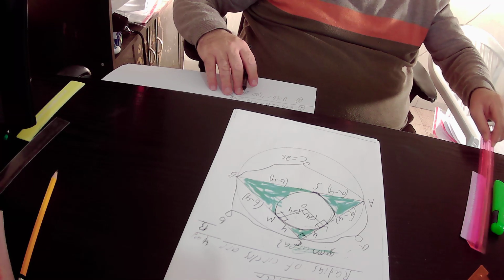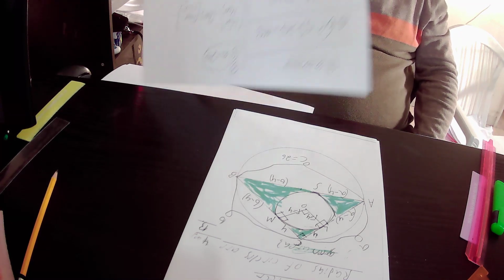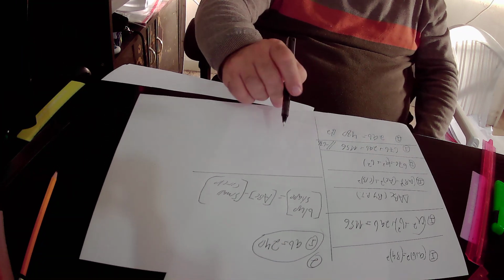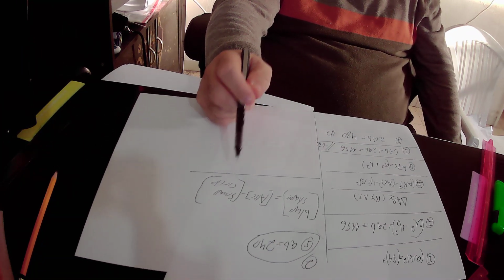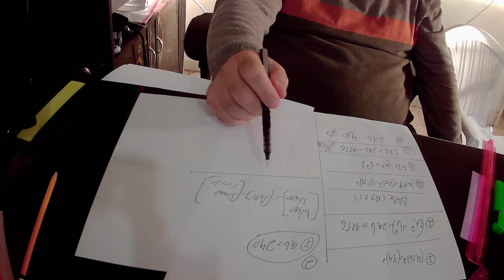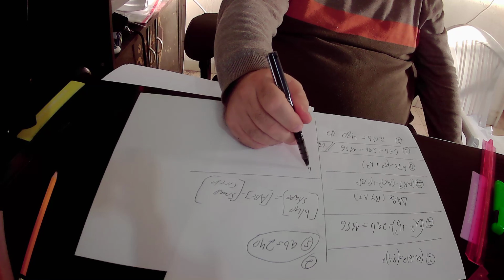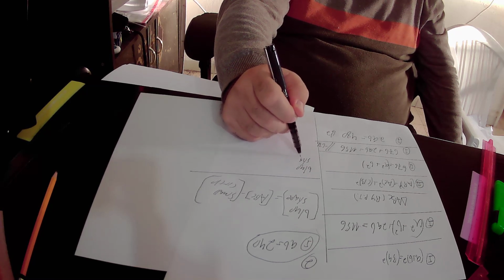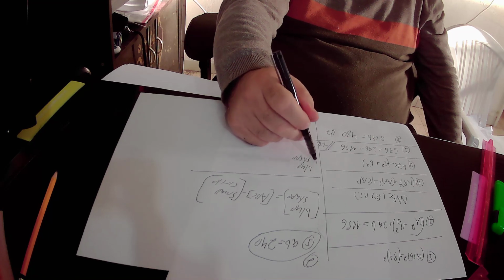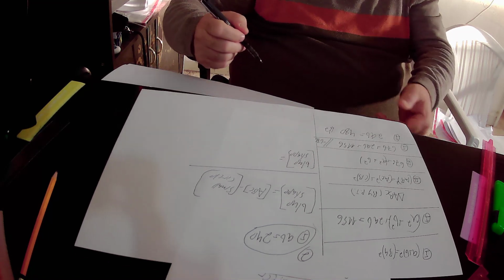I repeat again, the area of the blue shape equals the area of triangle ABC minus the area of the small circle. It is very easy to see it from the drawing.